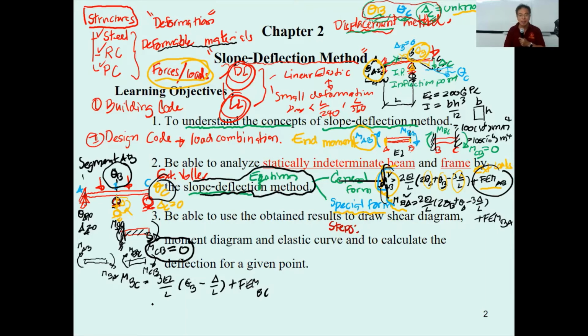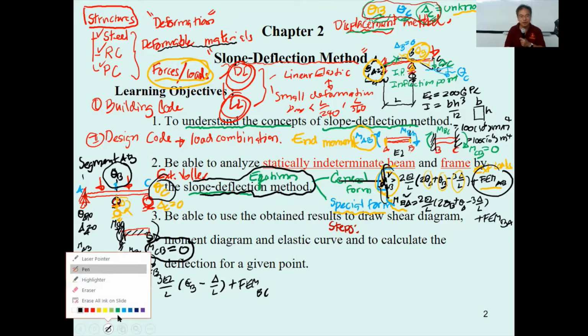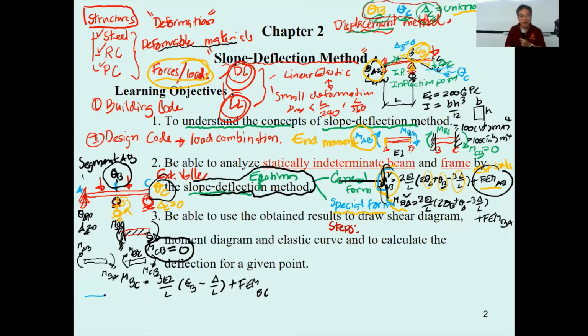Okay, but again, if you use the special equation, you will have this one for M sub AB, and this one for M sub BA. But for this member, you will have only this M sub BC.